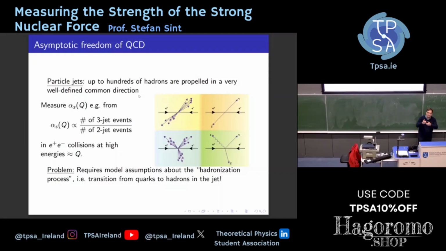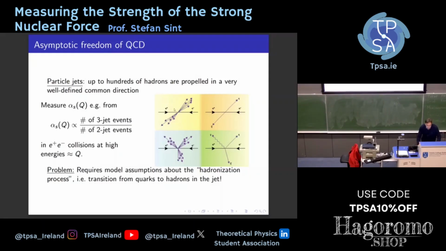The way you see that is you see very collimated jets back to back. For example, a two-jet event. This is an example of a two-jet event where you have very many hadronic particles like protons, neutrons, pi mesons, k mesons, whatever. Hundreds of particles, very collimated in a given direction and back to back the same. So two jets of hadronic particles.